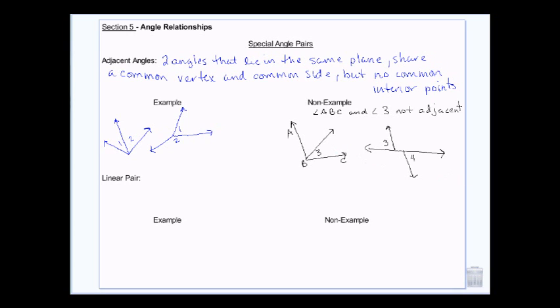Okay. A linear pair is a set of adjacent angles that make a straight line.